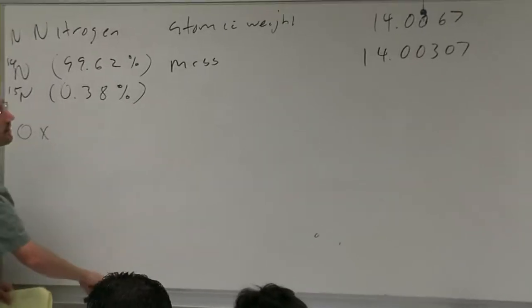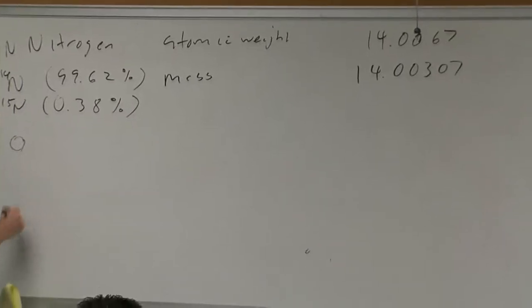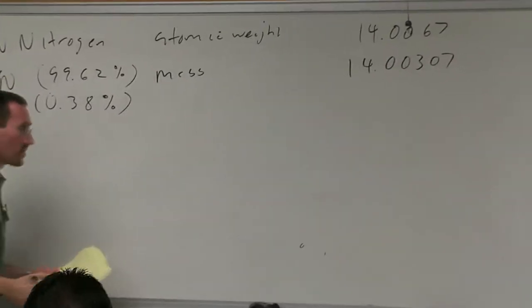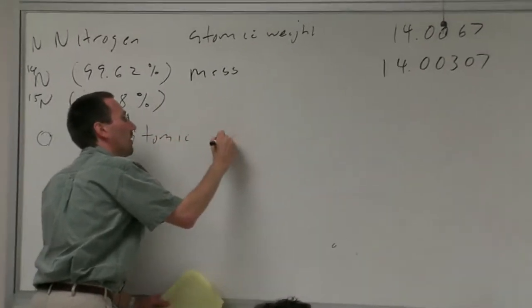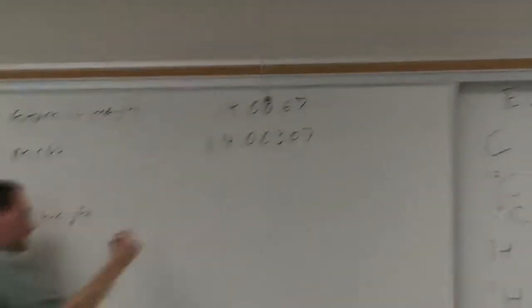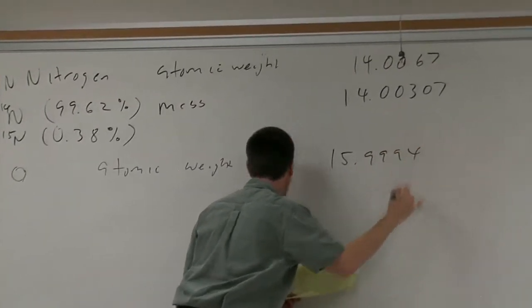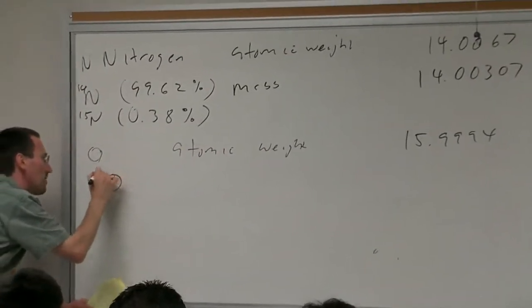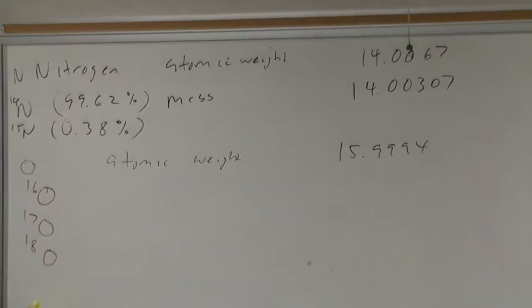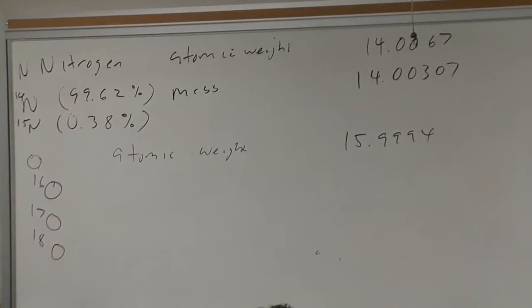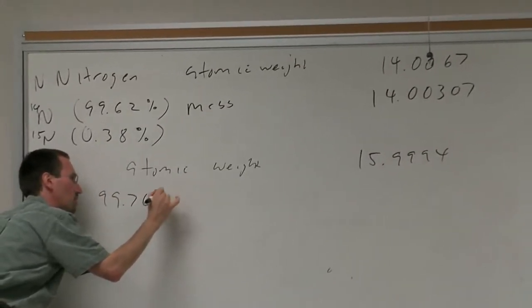Oxygen. I'll just write O. Again, the atomic weight you're used to is 15.9994, and yet oxygen is a mixture of oxygen-16, oxygen-17, and oxygen-18. Oxygen-16 predominates at 99.76%.